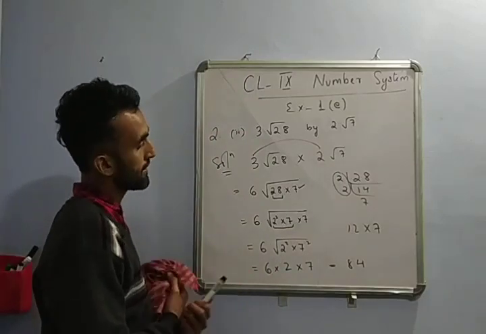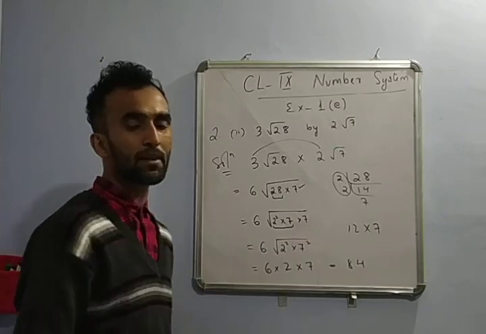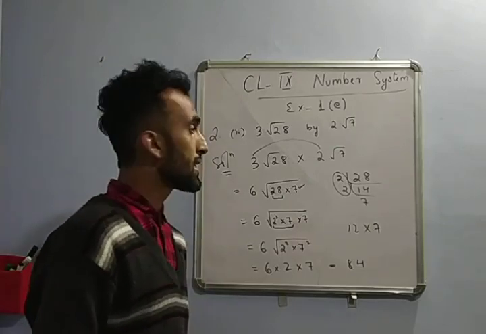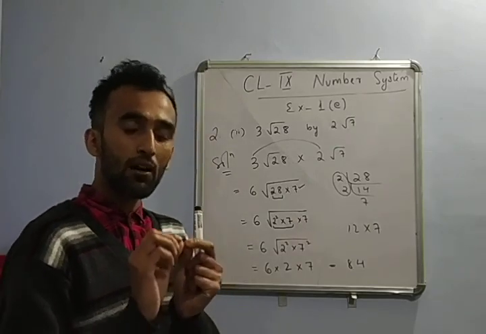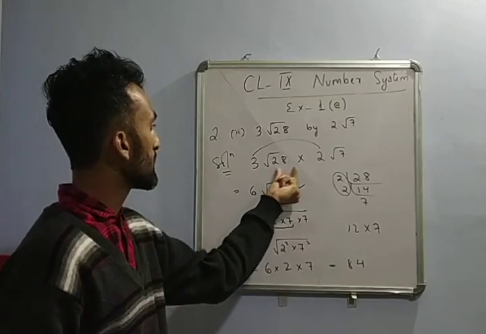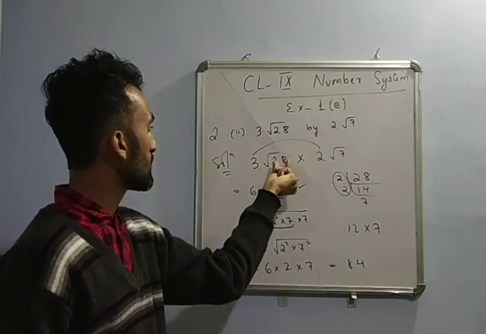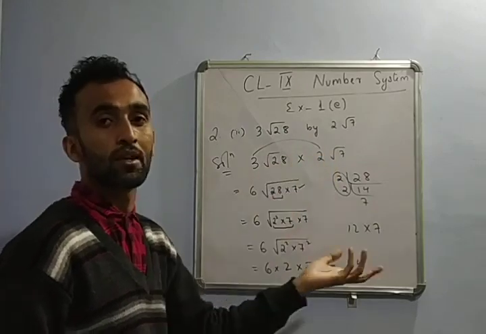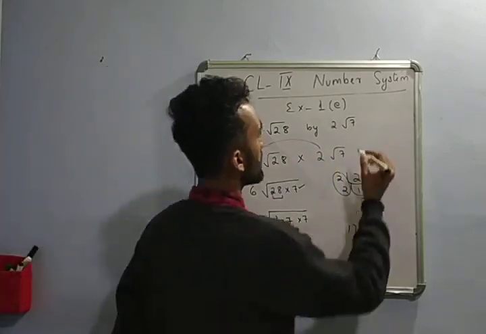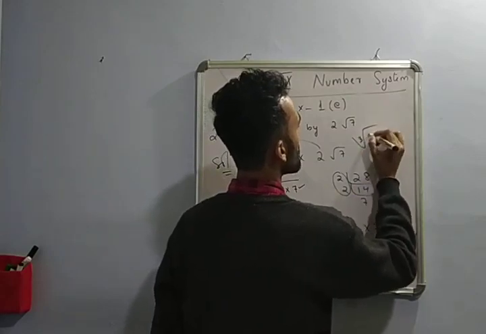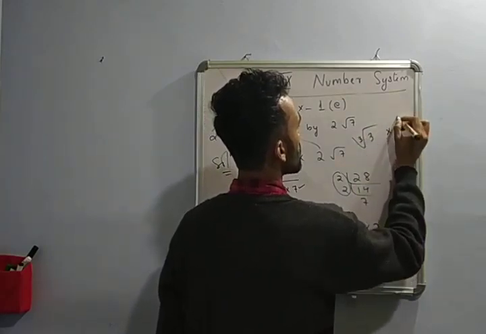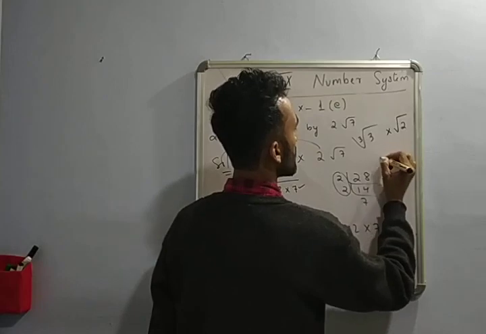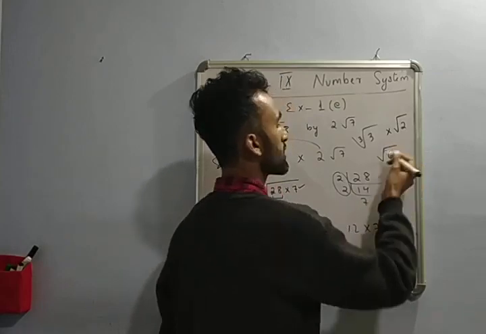Now next, I'll show you how to divide. So multiplication, division, same logic. Okay, you can multiply outside. Though these are different, you can multiply outside and you can multiply inside if the root is same. Square root, you can. Square root and cube root. Suppose I have here cube root of 3 into square root of 2. You cannot write square root of 6 or cube root of 6.